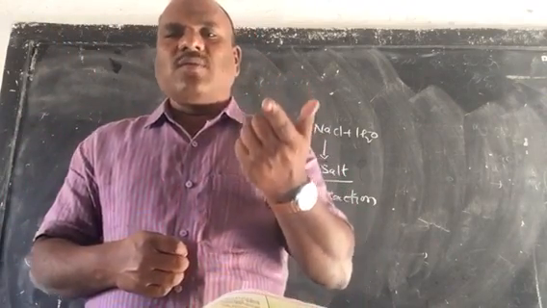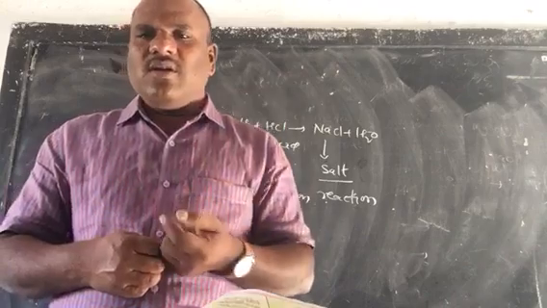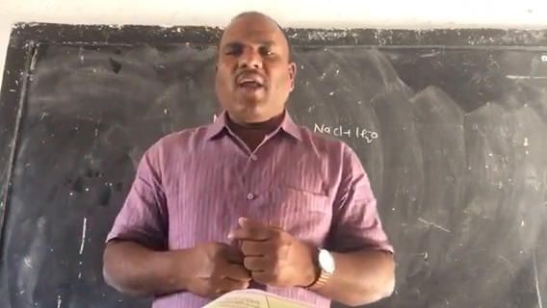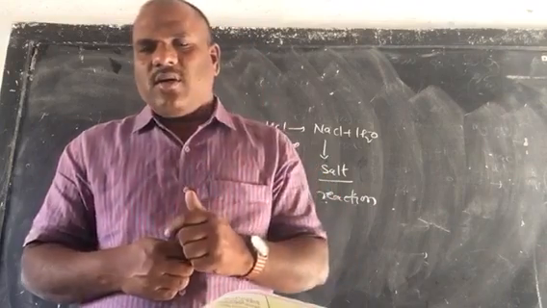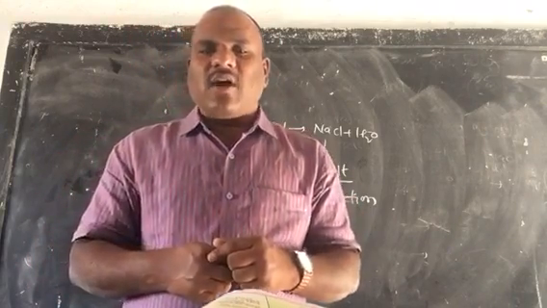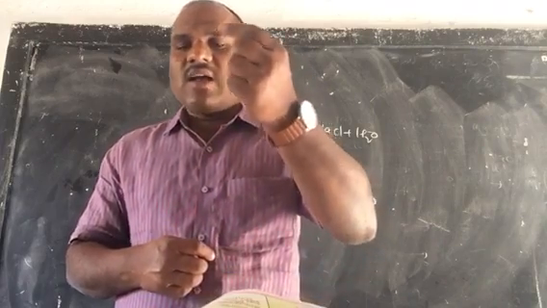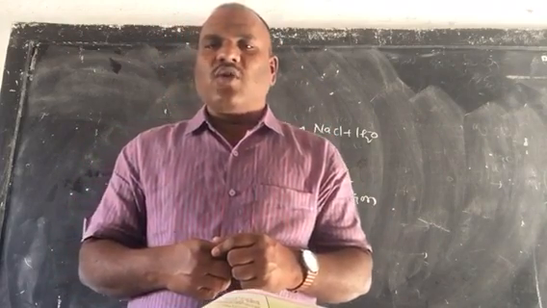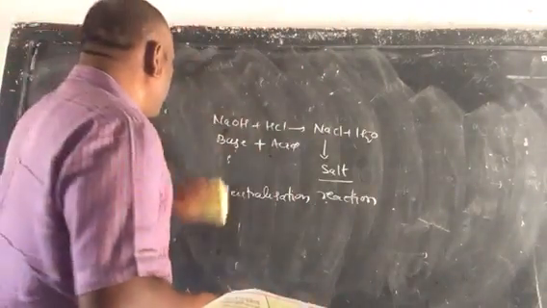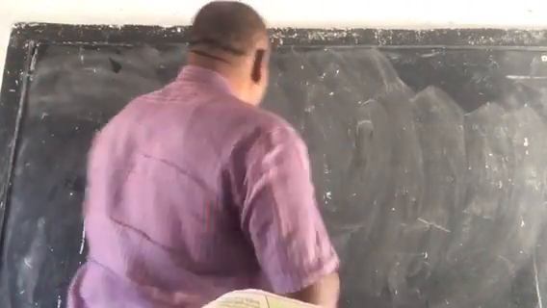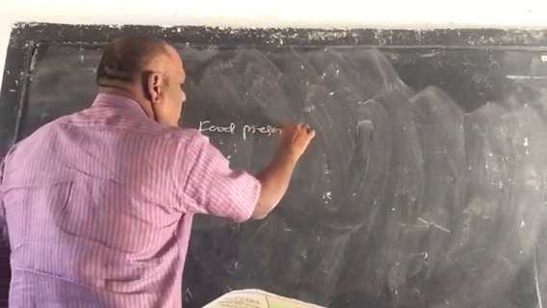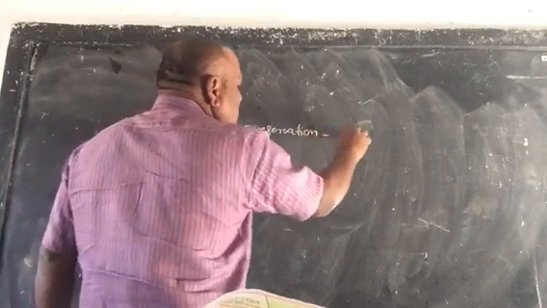And what about the uses of salts? Where can we use salts? Children, common salt is widely used in the preparation of food. For food preservation we can use common salt, NaCl.